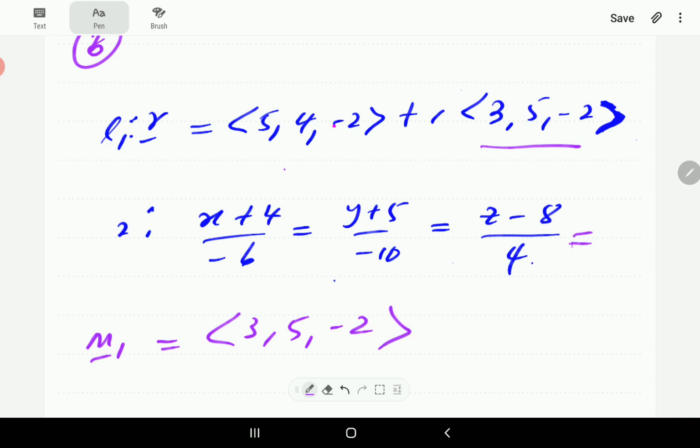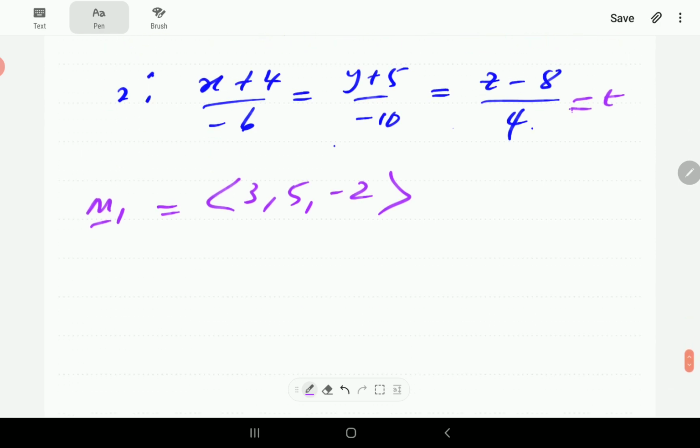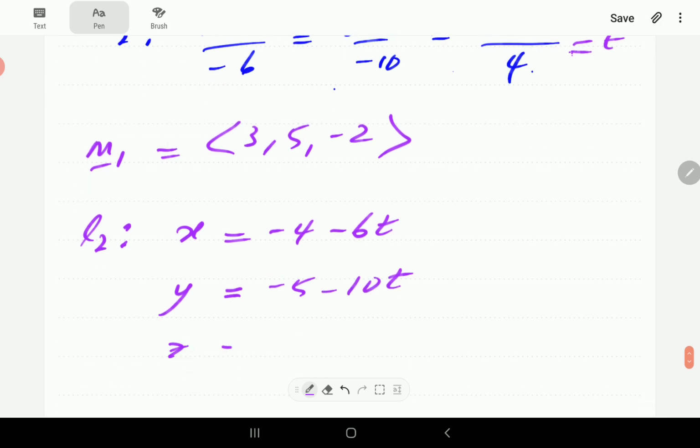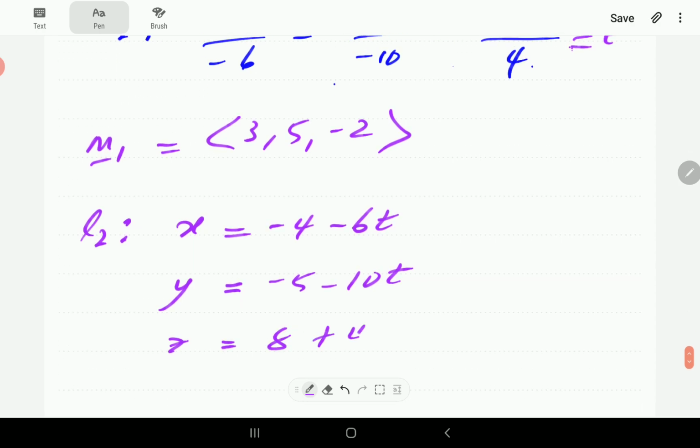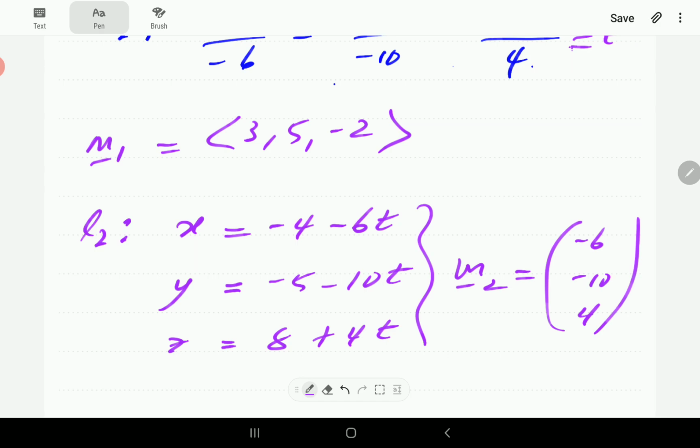And then if we equate this to say t, then this is for L2: x is going to be minus 4 minus 6t, y is going to be minus 5 minus 10t, z is going to be 8 plus 4t. Which means M2 is going to be minus 6, minus 10, 4.